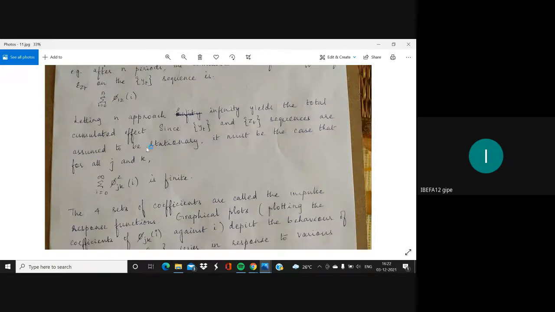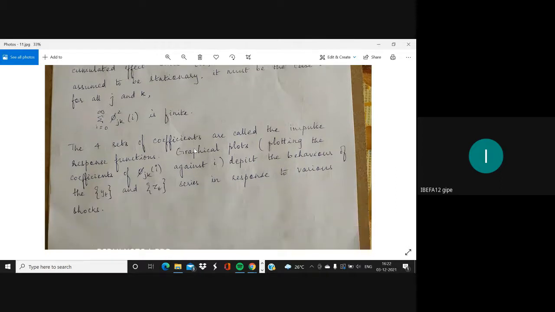Since these variables are stationary, what it means is that after a certain number of periods, the impact of that shock dies out. The shock will not persist forever and ever. The impact of that shock will die out slowly, gradually, and yt and zt initially might deviate from their long run mean value, but eventually they will come back to their long run mean value since they are stationary variables. I hope this is clear to all of you.